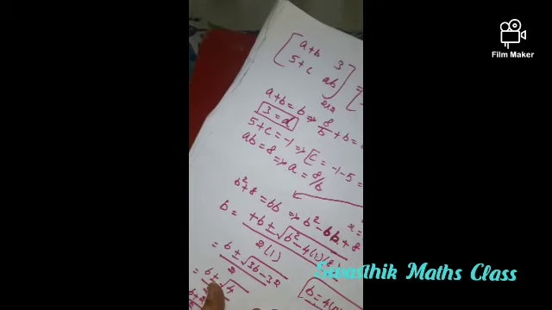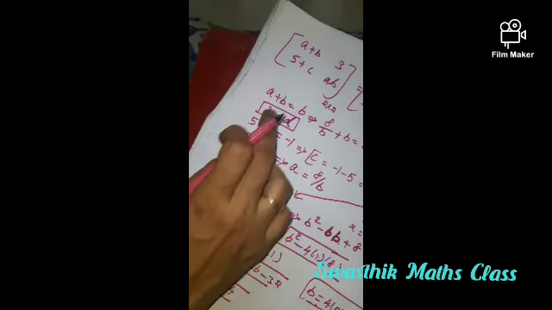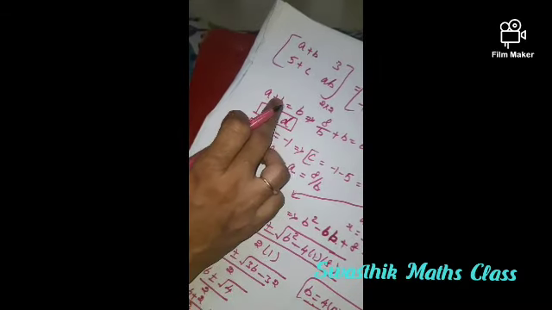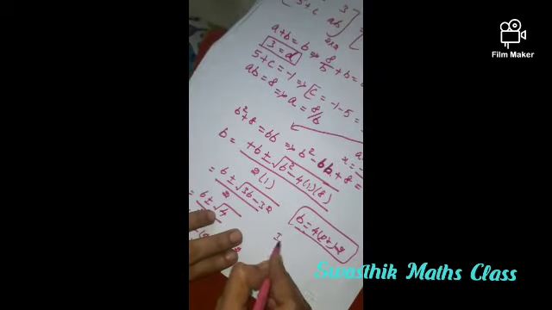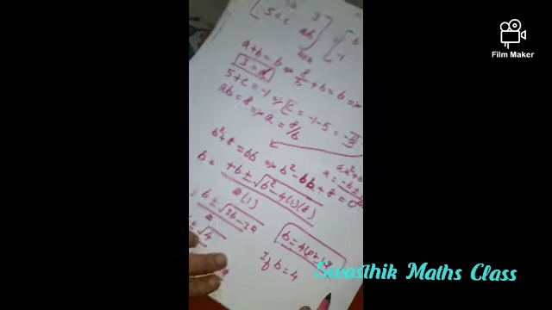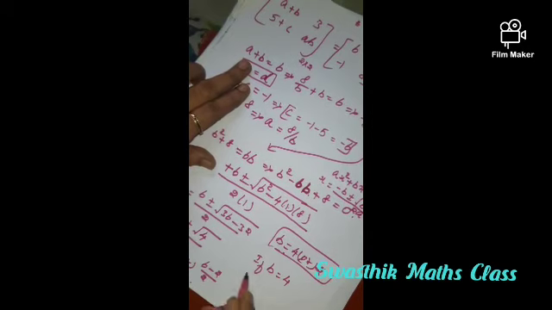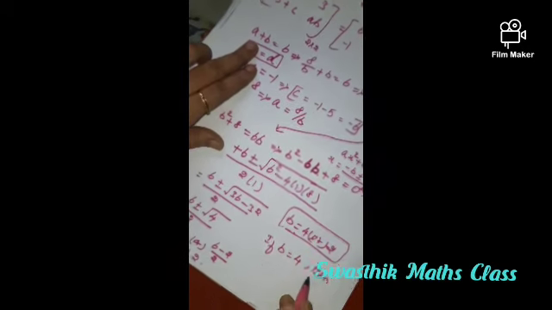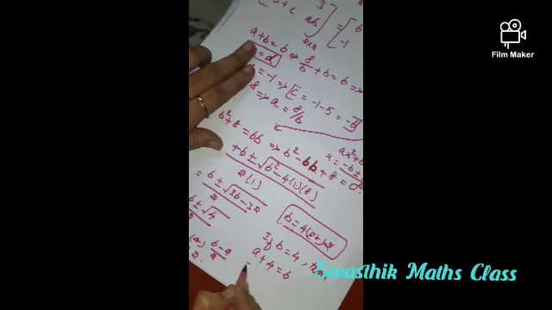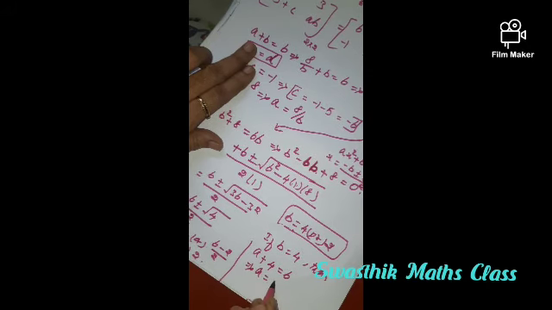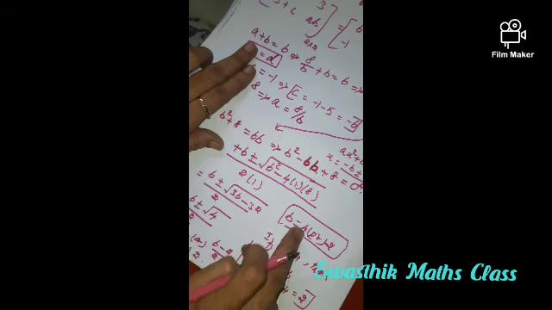Okay. So we have to substitute the value of B in this equation to get the value of A. If B is equal to 4, then A plus 4 is equal to 6, which means that A is equal to 6 minus 4, that is 2. The value of A is 2 whenever we take B is equal to 4.